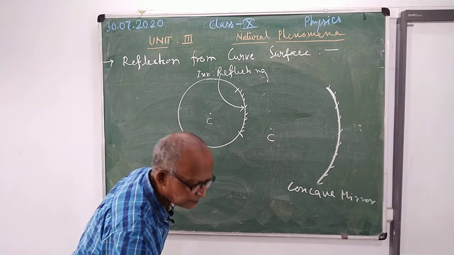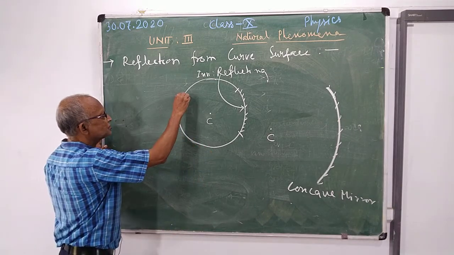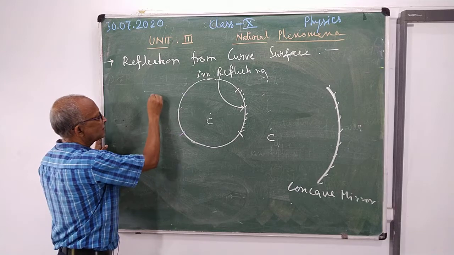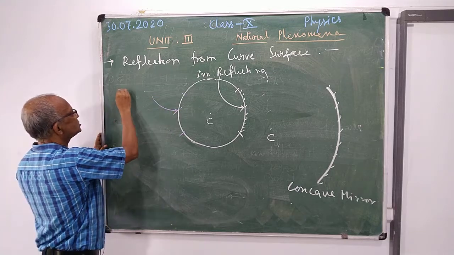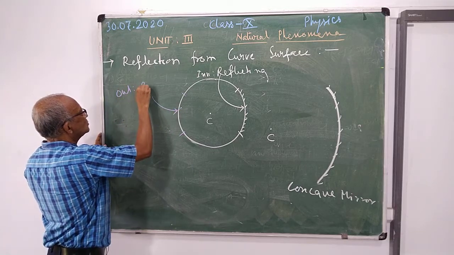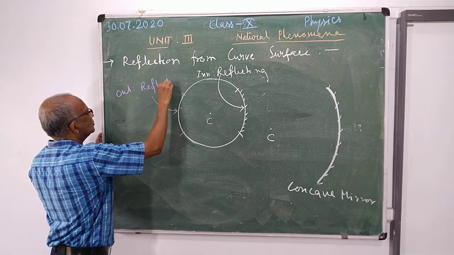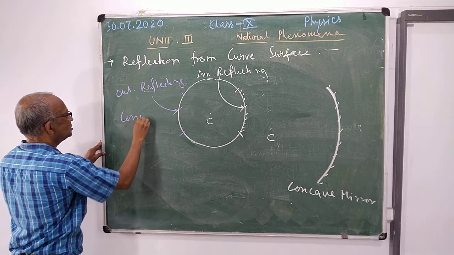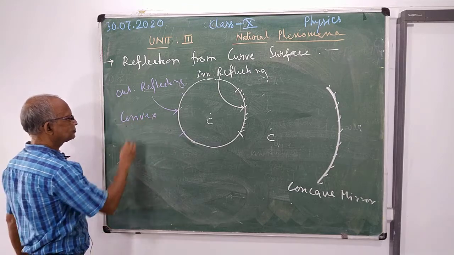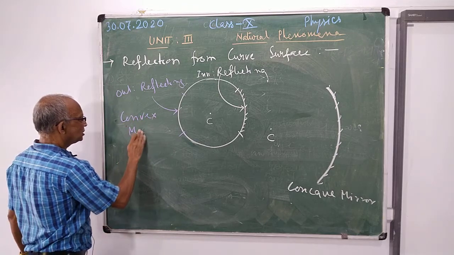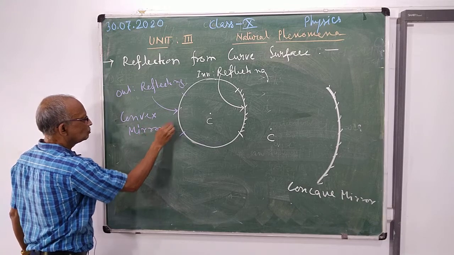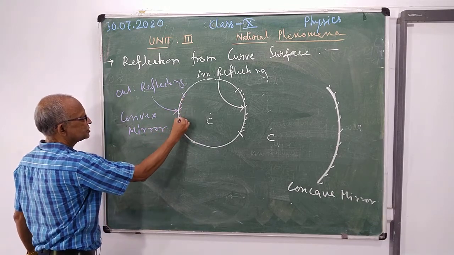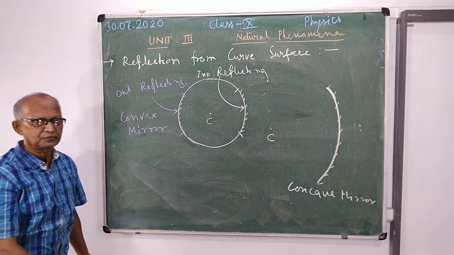Now, in the same way, if I take a section and the outer surface is reflecting, then this is said to be a convex mirror, and the inner surface is non-reflecting.